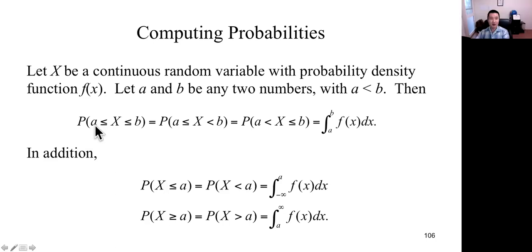You see from here, the probability for x larger or equal to a and smaller or equal to b does not change whether the endpoints are included or not. So that's true for continuous variables. Here we have two endpoints, a and b. Whether the endpoints are included or not does not affect the probability.